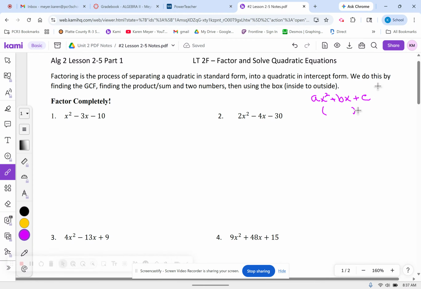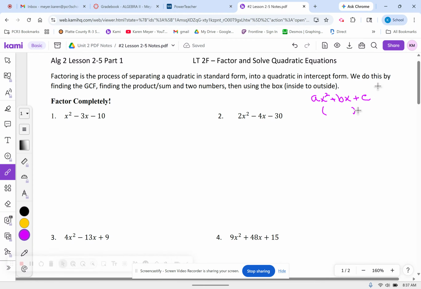And then you made a box, and you would put 2x, 3 and x, minus 4 on the outside, and then you would multiply them together for the inside. And then you would have these 4 terms. And then you would combine your like terms, and you would end up with 3 terms.